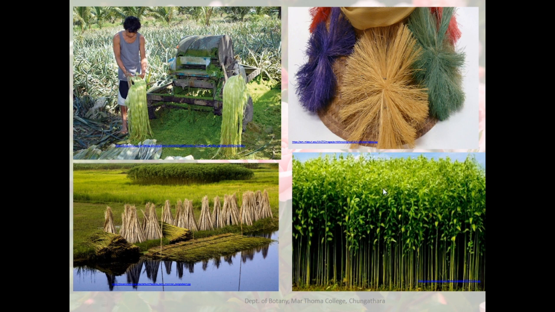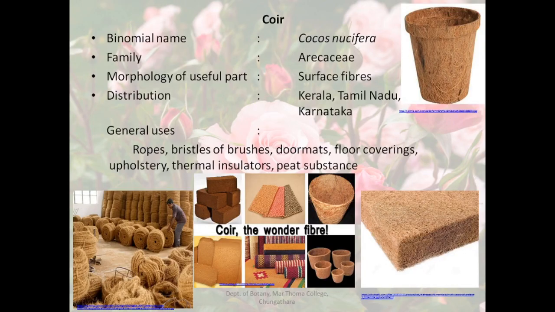This image shows the picture of jute plant, the stem of which is used to make jute. And this is the drying process of the stem of the jute plant to obtain the large fibers which are used for preparing various products like sacks, packing materials, clothes, etc.